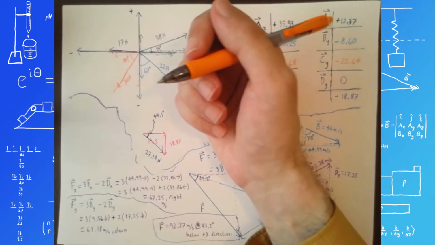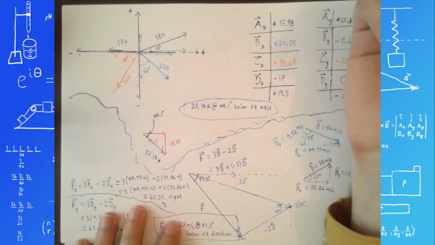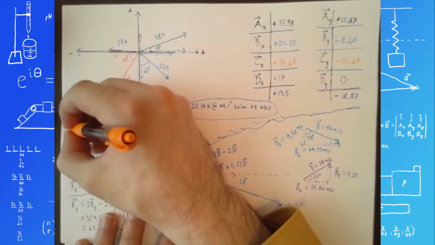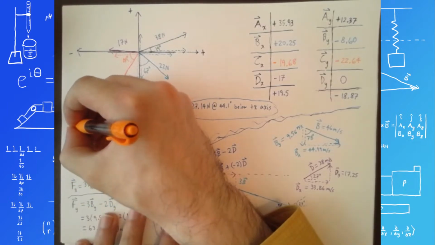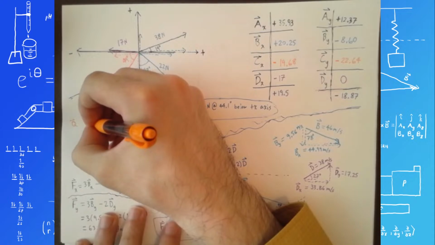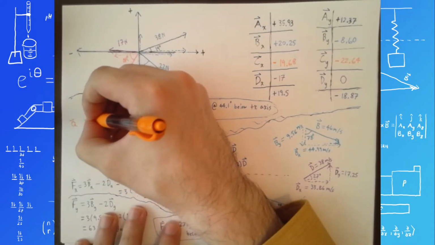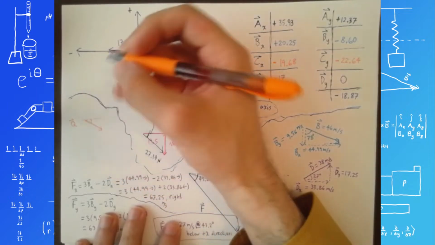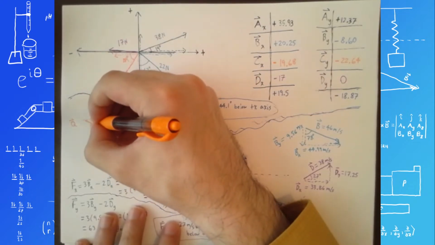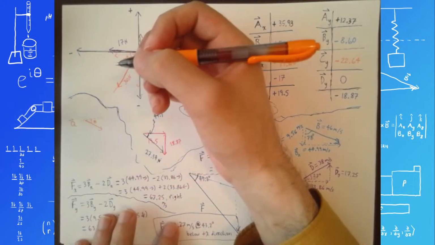So if I have a vector, let's call it q. Let's say I have vector q that looks like this. And let's say this angle doesn't even matter. Let's just call it theta.